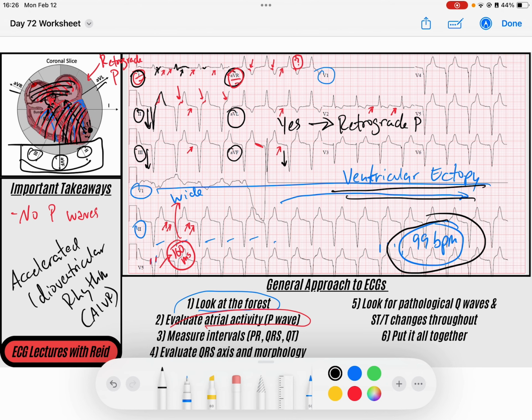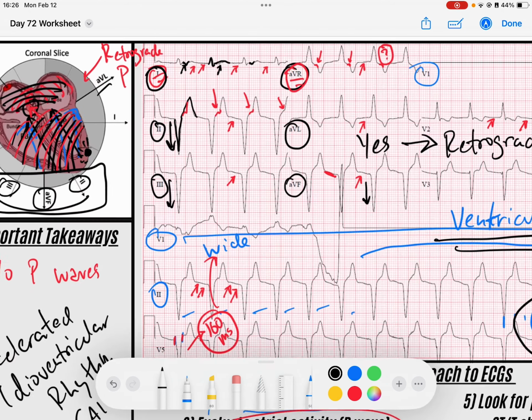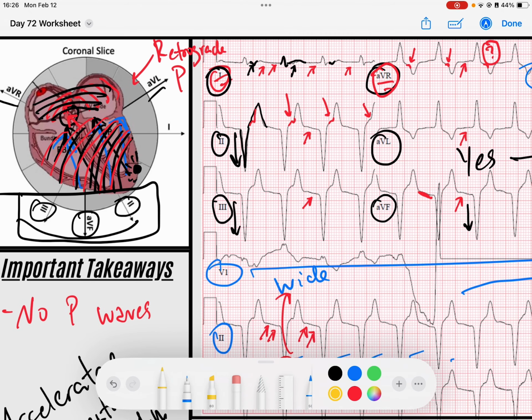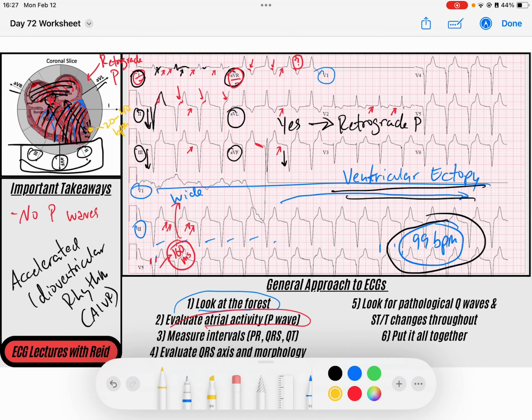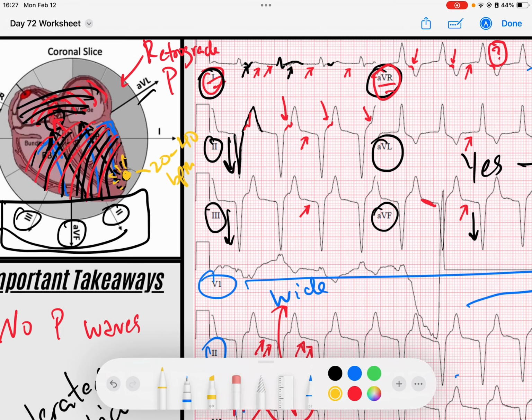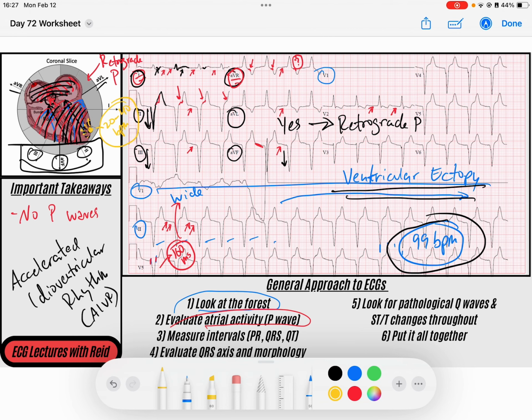It's accelerated because we know ventricular ectopic focuses usually beat at 20 to 40 beats per minute. They're pretty slow when it comes to their ability to fire off. When ventricular ectopic focuses fire off, it's usually slow, and we usually don't notice it because we've got sinus rhythms going on. But in this case, it's accelerated, but it's not tachycardia. So this isn't ventricular tachycardia. This is an accelerated idioventricular rhythm.